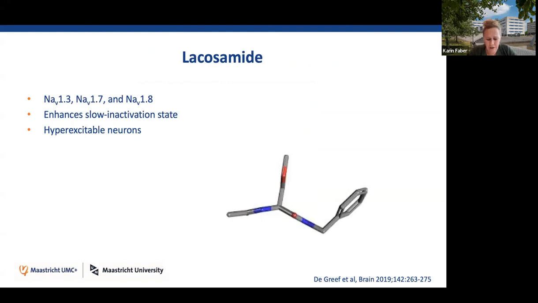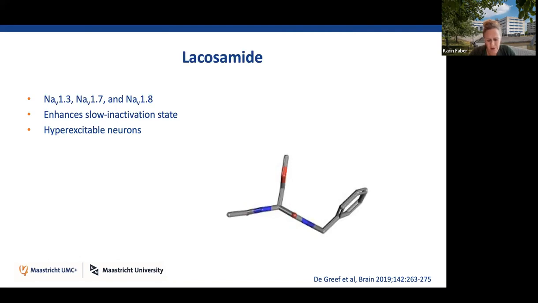Lacosamide is an anticonvulsant drug, a functionalized amino acid molecule that selectively enhances the slow inactivation of voltage-gated sodium channels and interacts with the collapsin response mediator protein. It differs from other sodium channel blockers because of its unique mechanism of action.